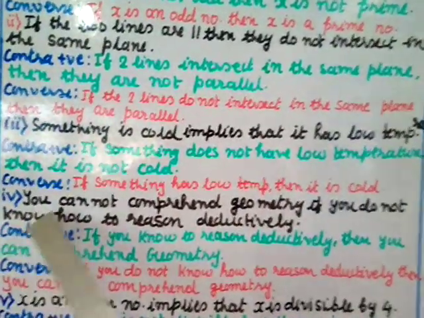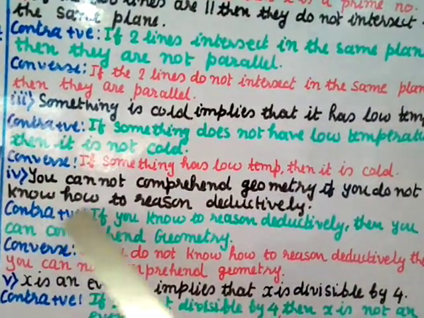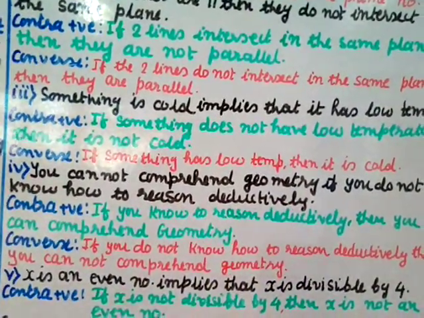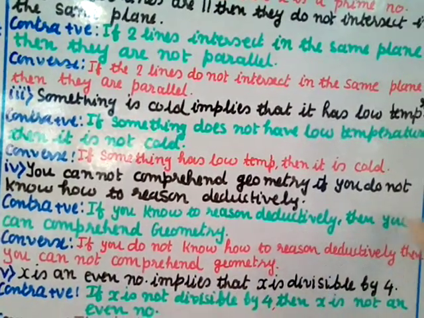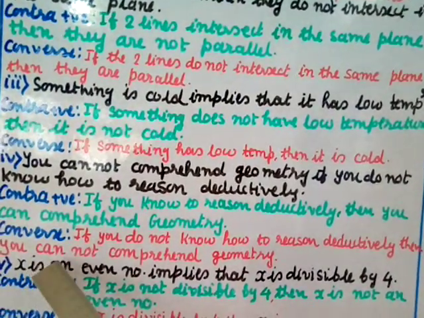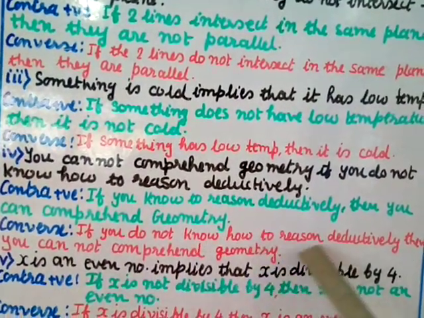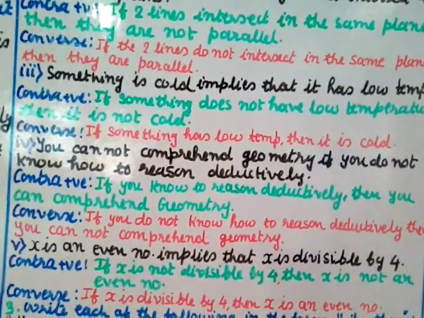Roman number 4. You cannot comprehend geometry if you do not know how to reason deductively. Contrapositive: if you know how to reason deductively, then you can comprehend geometry. The converse will be, if you do not know how to reason deductively, then you cannot comprehend geometry.